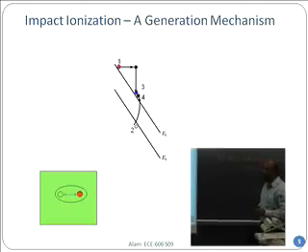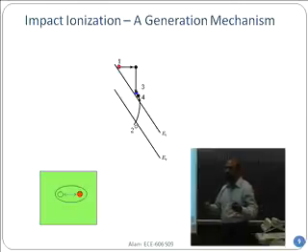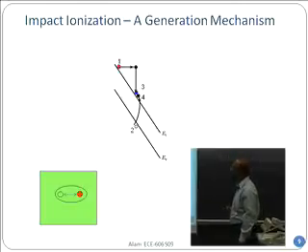Now, there is a final one, called impact ionization, which is the reverse of OJ. You can call it an inverse OJ process in some way, because instead of a recombination, this is like a generation mechanism. Consider electron 1, red on the top, and consider an energy band diagram that is under electric field.